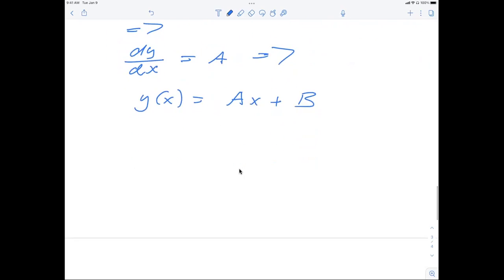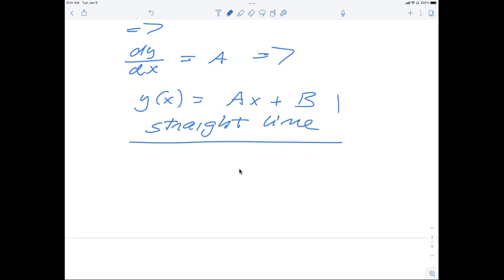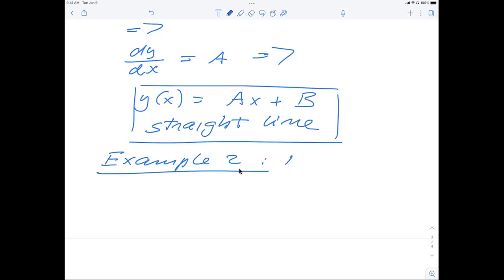I guess nobody doubts that. And this is what we wanted to show. So let's use the same formalism now to show energy conservation. This is going to be example 2 here, and that's energy conservation.